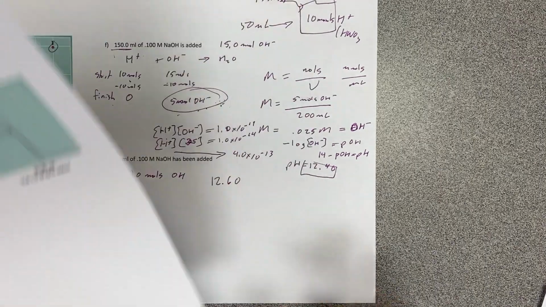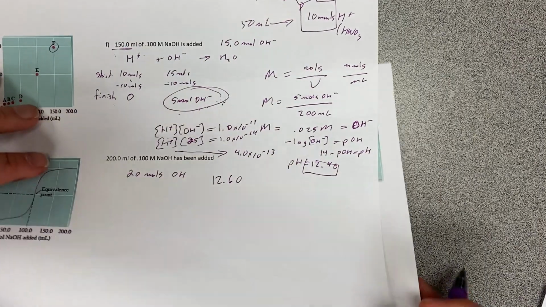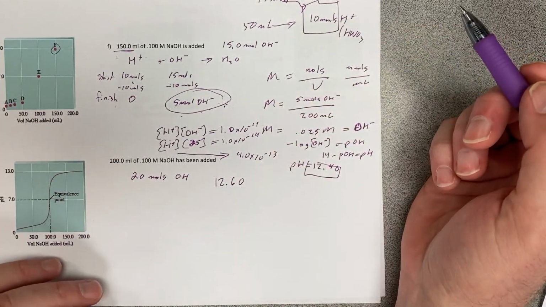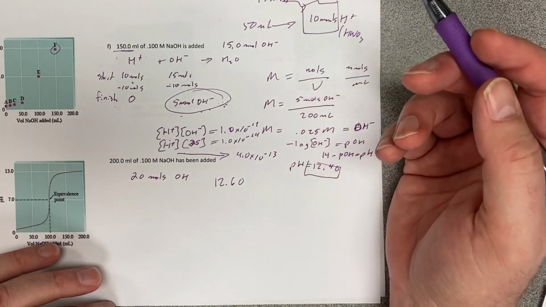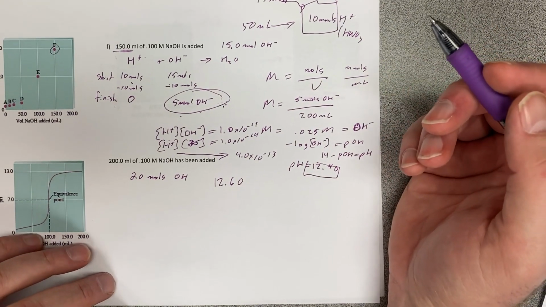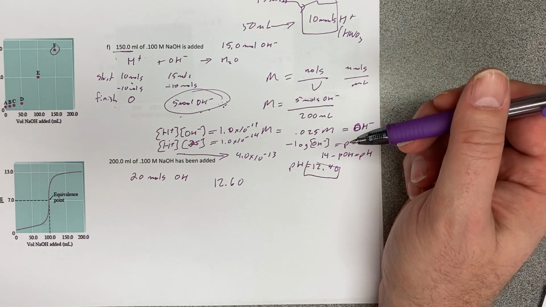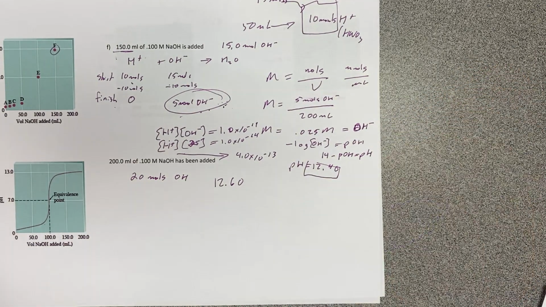So what we're going to be working on after this is weak acids and weak bases being titrated with strong bases and strong acids. I would suggest looking in your textbook at the example that we can find on page 728, or the sample examples would be 14 or 15.4 is the section you'll be on.